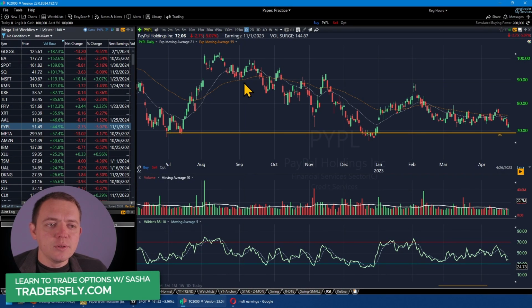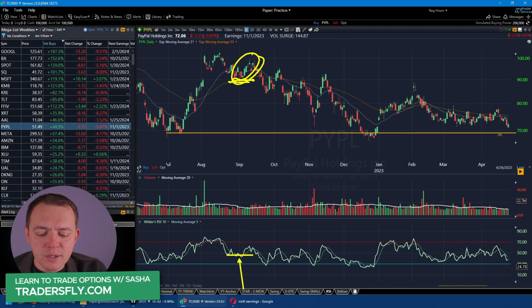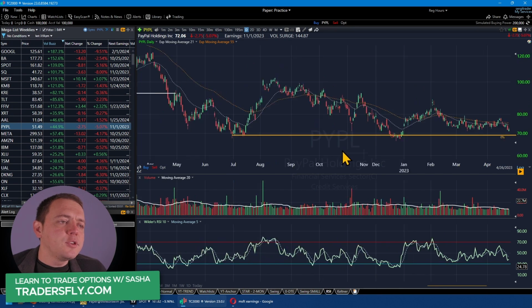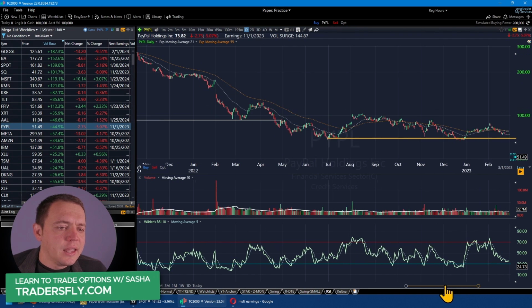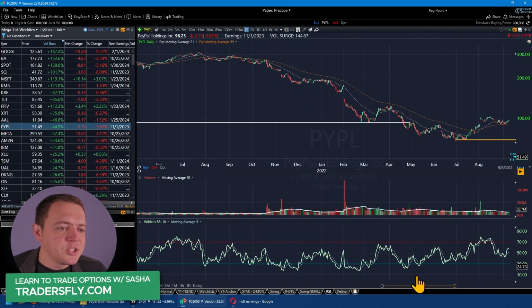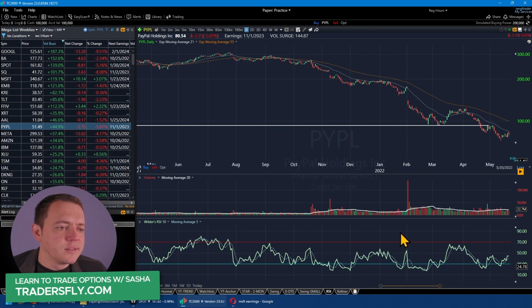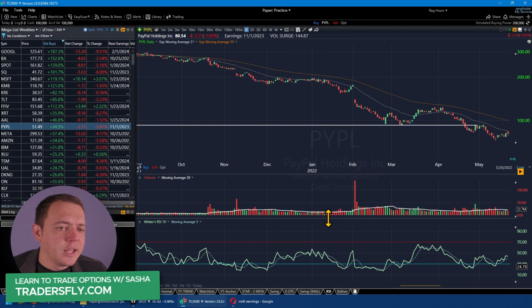What you'll see happening in this case is we got into this 50 zone, which is right there, and we had a little bit of a bounce. So it was somewhat of a support level. If you start backing this up, you'll notice in a lot of cases that 50 will act, especially right here. Let me bring it into this zone right here and stretch it out. Let's get rid of this volume.